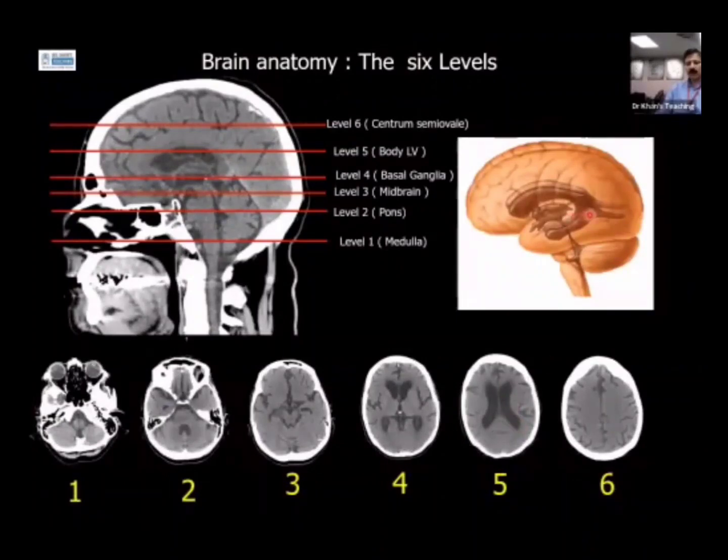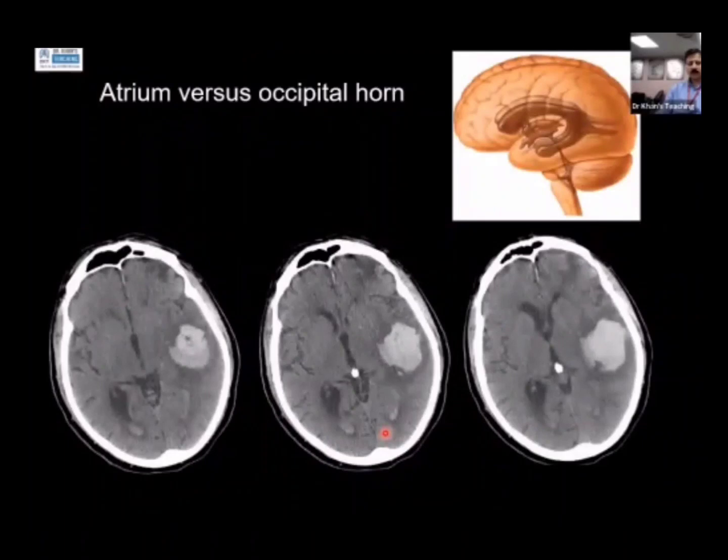On the other hand, as it passes here, which is this level, or this level here, then the occipital horn, this is the occipital horn. Occipital horn is posterior to that.